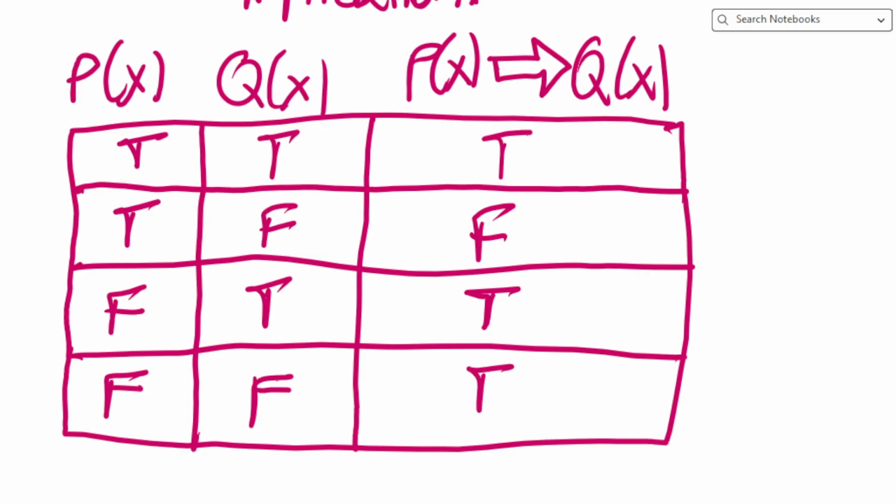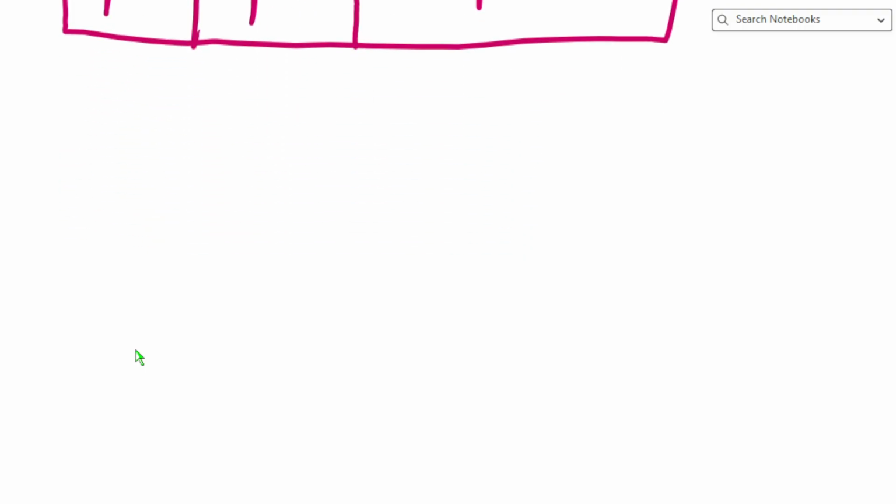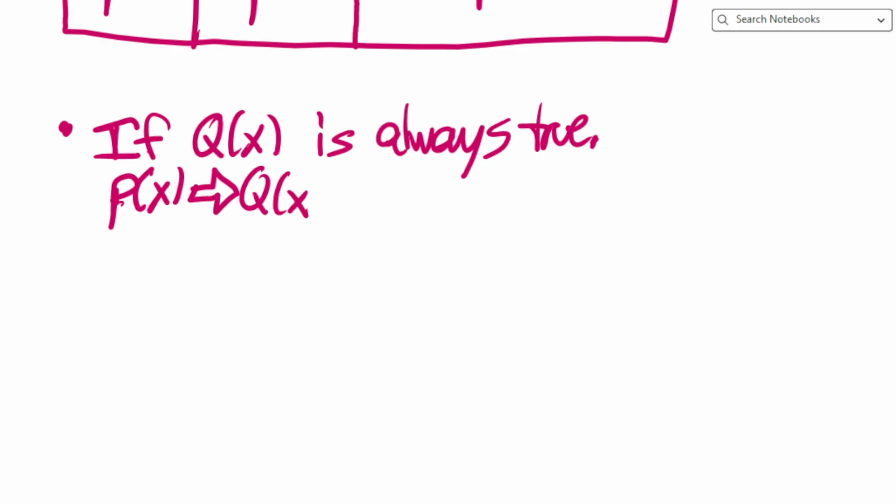So if you recall, an implication is only false whenever the open sentence P(x) is true and Q(x) is false. Otherwise, it's always true. But for a trivial proof, if Q(x) is always true, then the implication is true.